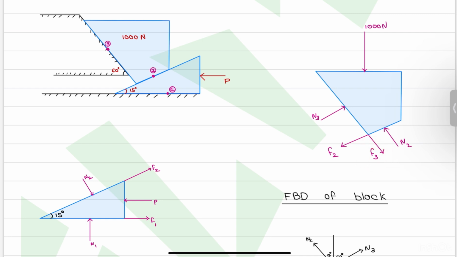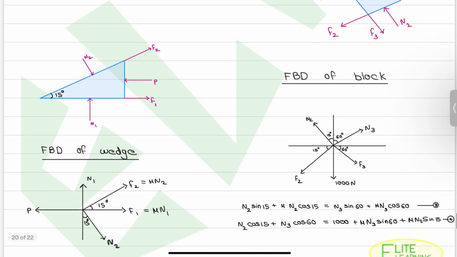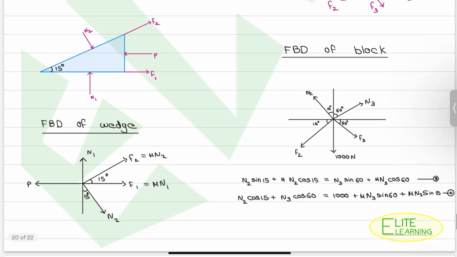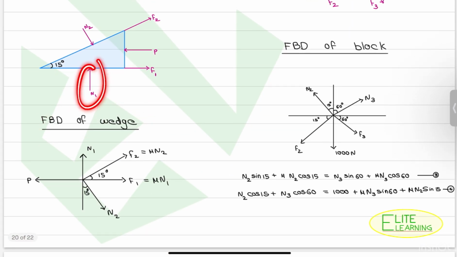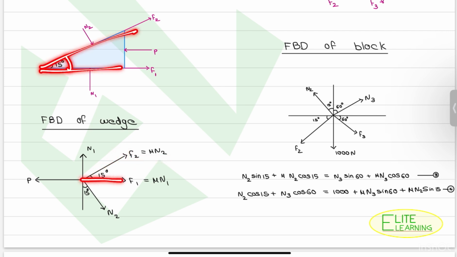So we can draw the free body diagram of these two figures like this. First we consider the wedge. N1 in the upward direction, and the force P towards the left-hand side, and the frictional force F1 towards here, which we can represent as mu N1, and the frictional force F2 here, which makes an angle of 15 degrees with the horizontal, so we mark the 15 degrees here, and the normal reaction N2, which makes an angle of 15 degrees.